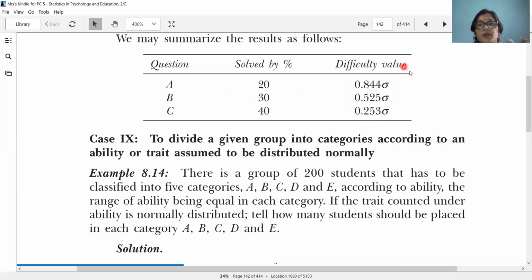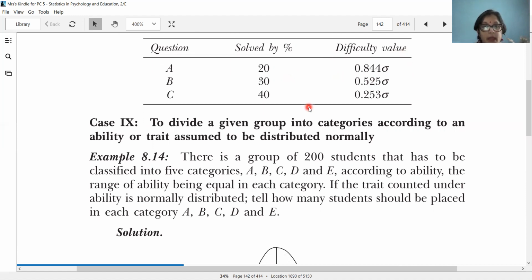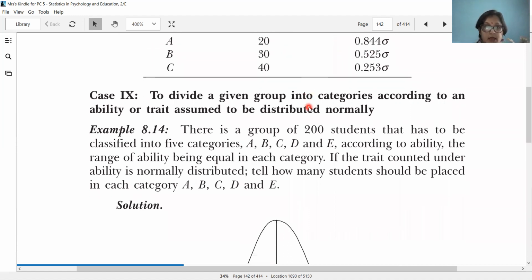And we can find out the relative difficulty value too if we are asked for this. Okay, so it is the application number 8. I hope you may have understood this application.